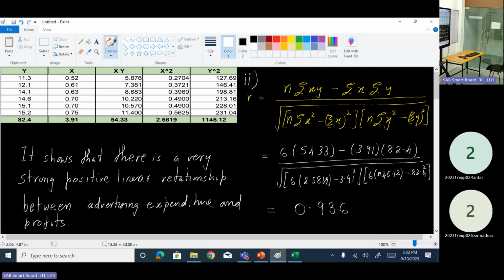That's the second part, we calculated and interpreted. The third one, they are asking us to develop the best fit line, the regression model, all these are the same.